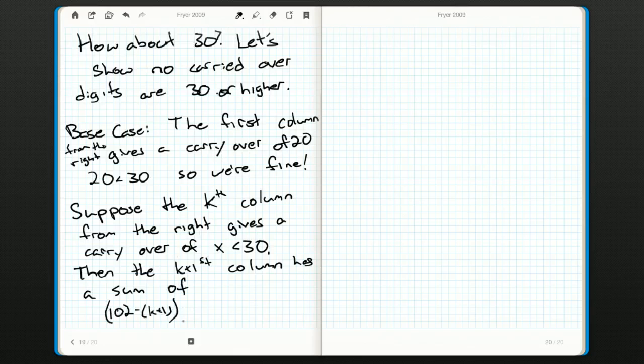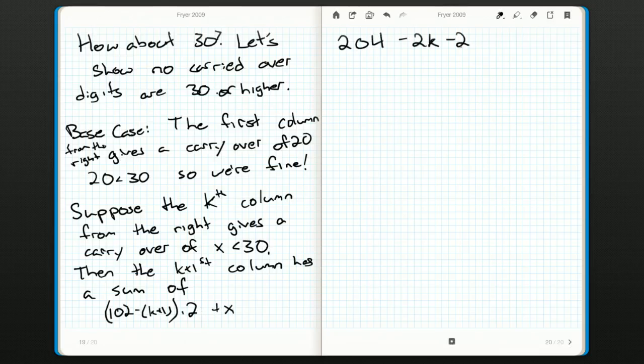That's a little formula. I mean, I got that rather quickly. It might take you a little while longer to figure out the formula for the number of 2's in terms of k, but that's okay. Eventually, you can get there. So that plus that plus x. So we're looking at 204 minus 2k minus 2 plus x.